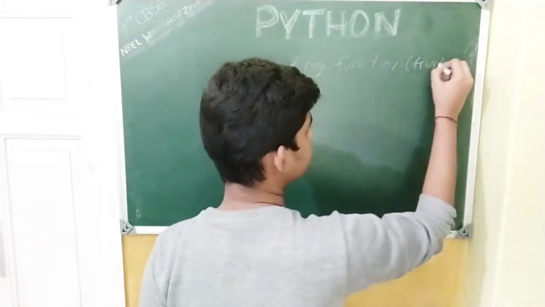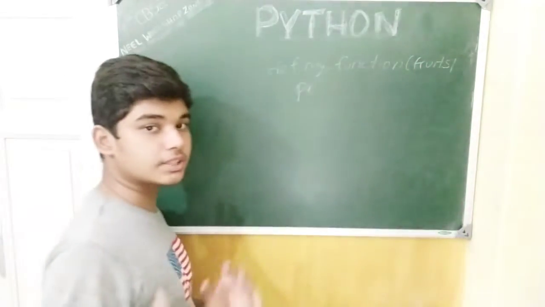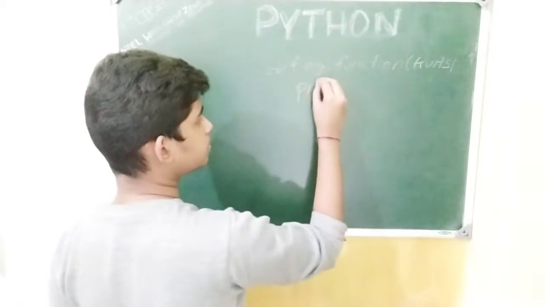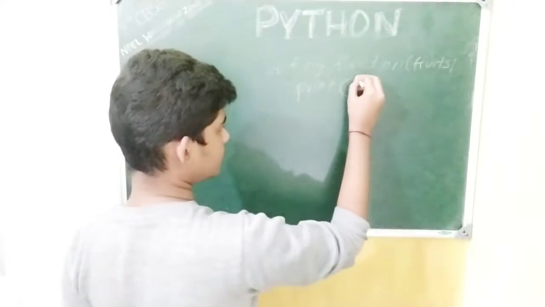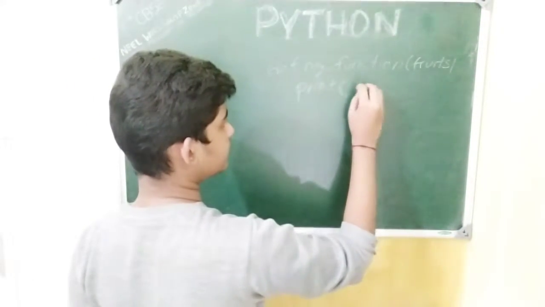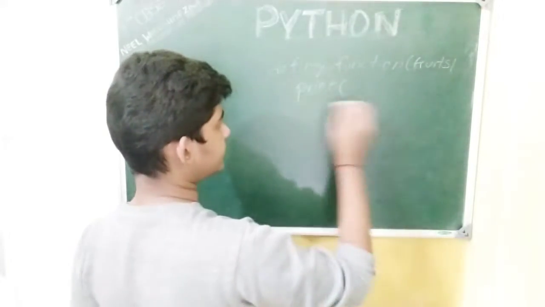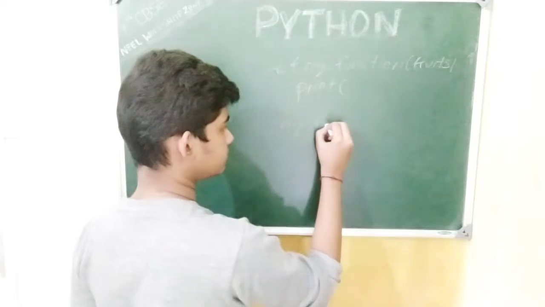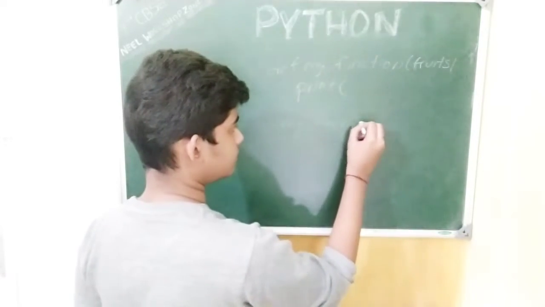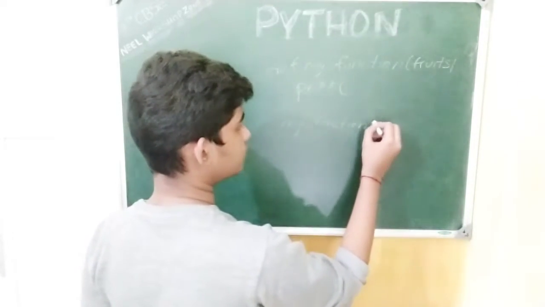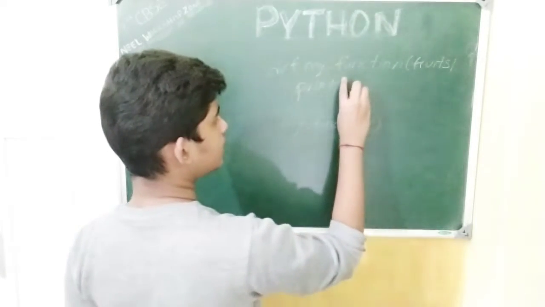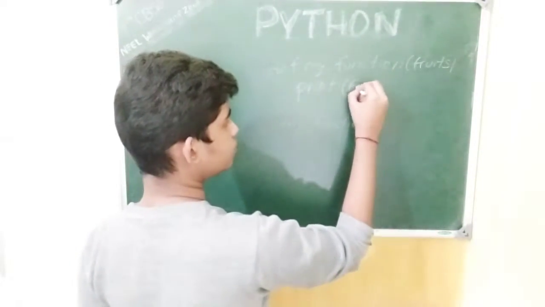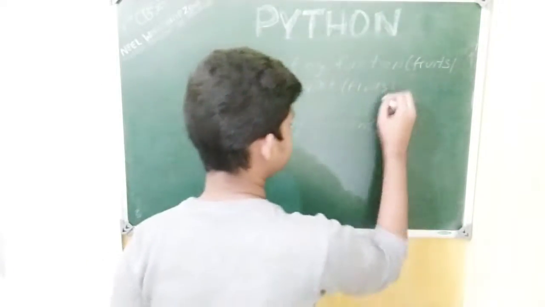Let's take this because it's a simple example and it will be a lot easier for you to understand. Let's write something like print, and let's add my_function and print it. So now, if you ask it to print fruits, you will probably just print what you wrote here.